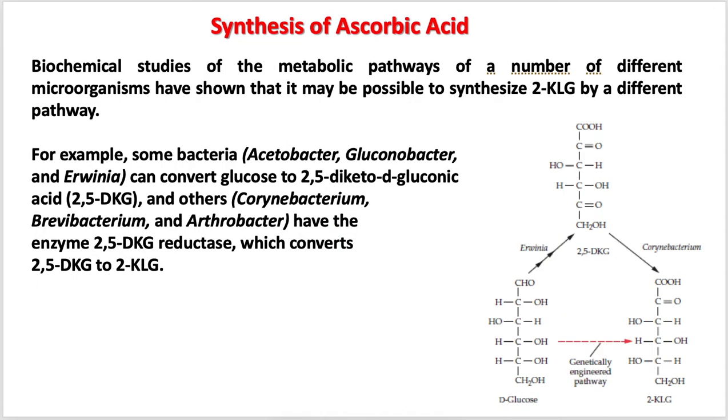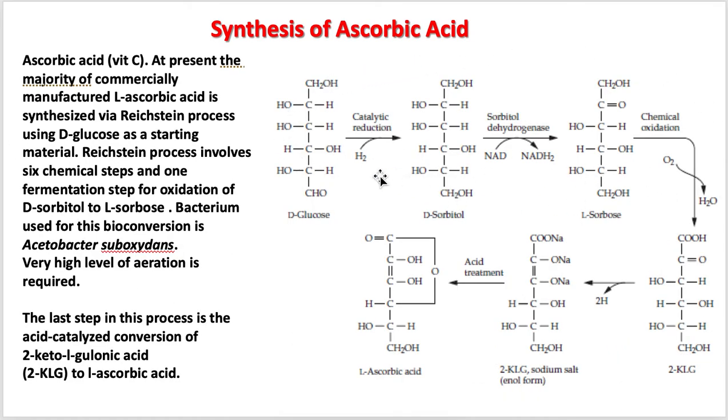For example, Erwinia can convert D-glucose into 2,5-DKG, and another bacterium, Corynebacterium, can then change this 2,5-DKG into 2-KLG. If we can use these microorganisms to produce 2-KLG, then we can replace all these steps, and use the 2-KLG to produce L-ascorbic acid.